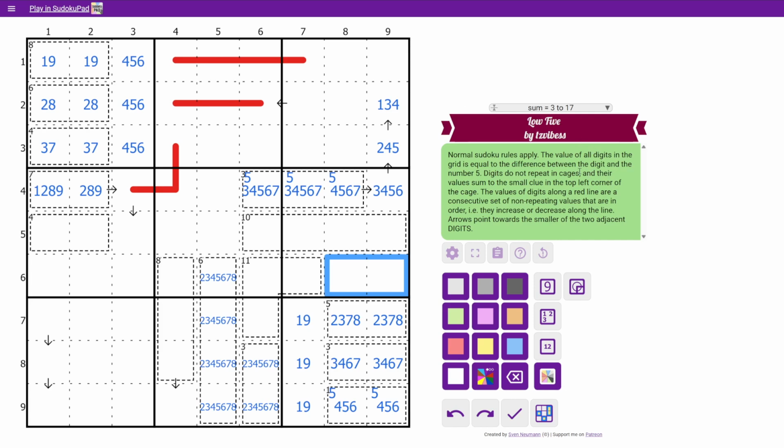What about this red line? Consecutive set of non-repeating values that are in order. The values of digits. That would be how far away from 5 they are.